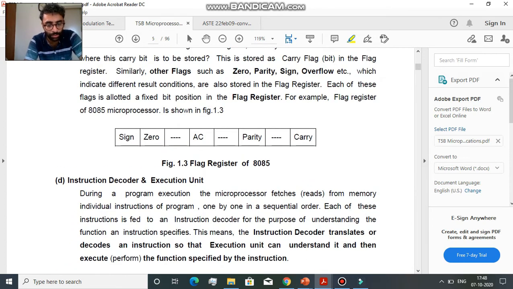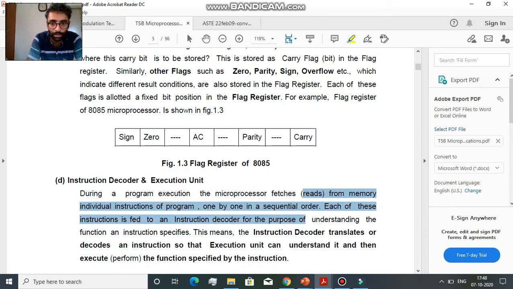decoder and execution unit. During program execution, the microprocessor fetches, reads from memory, individual instructions of a program one by one in sequential order. Each of these instructions is fed to an instruction decoder for the purpose of understanding the function the instruction specifies.